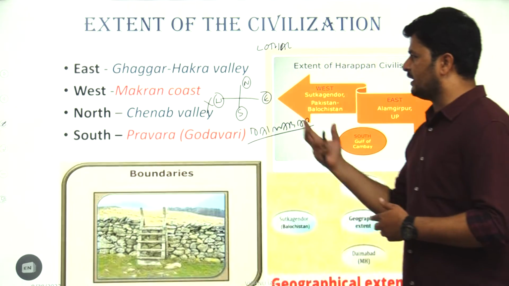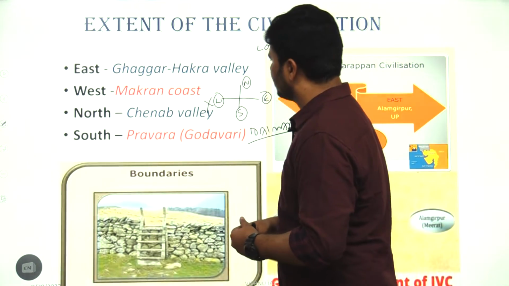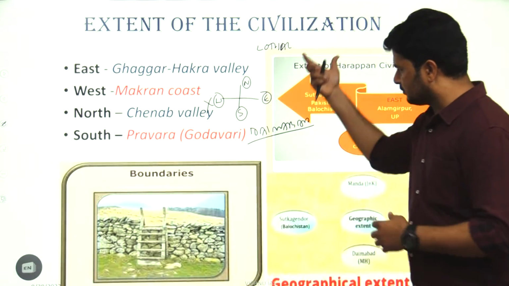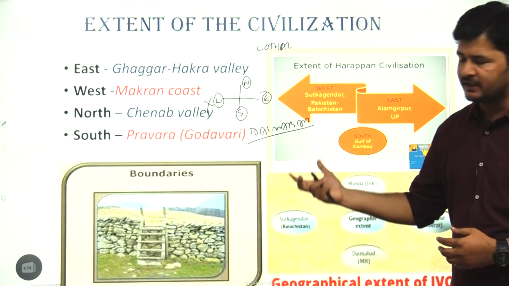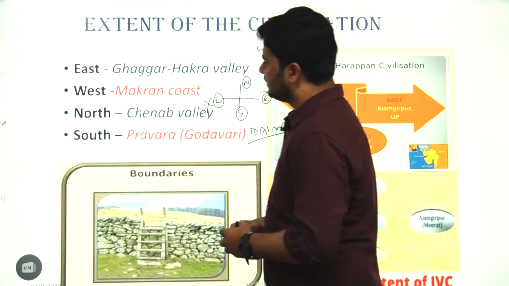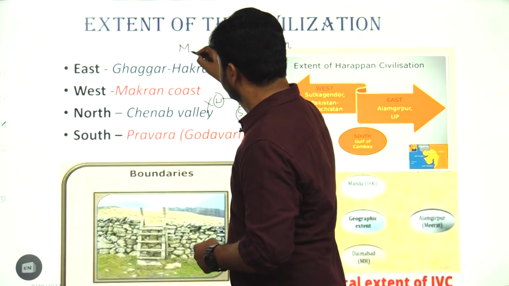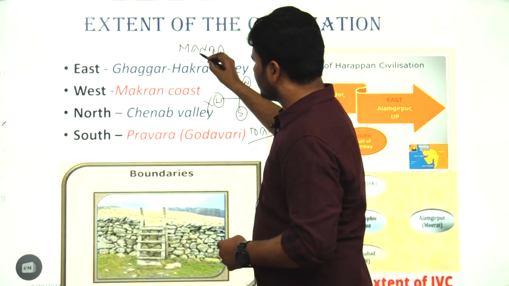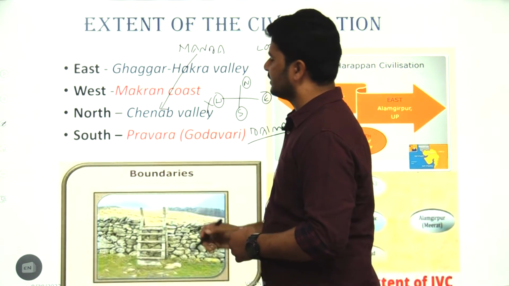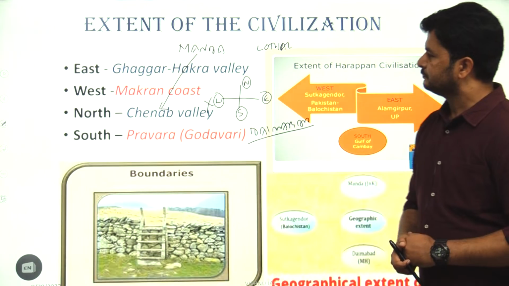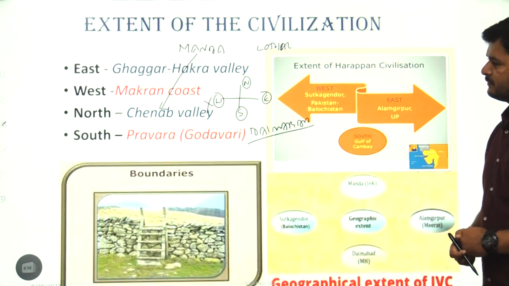Now with this background, when we understand the northern boundary of the Indus Valley civilization, you better have some sort of direction so that you can easily remember. The northern boundary is Manda, which is located on the Chenab river.